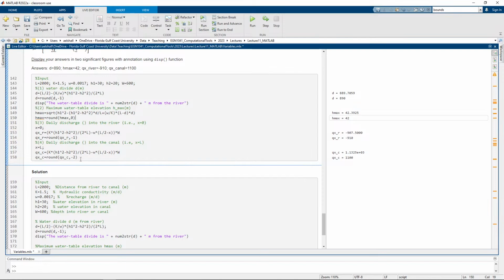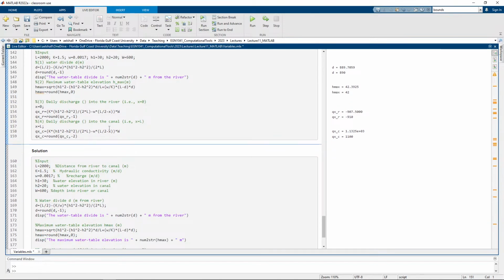And then we go here and we do the same, like this.